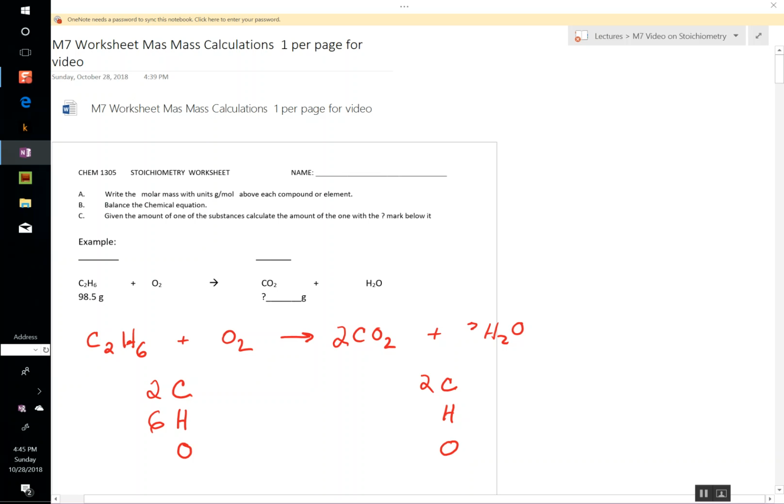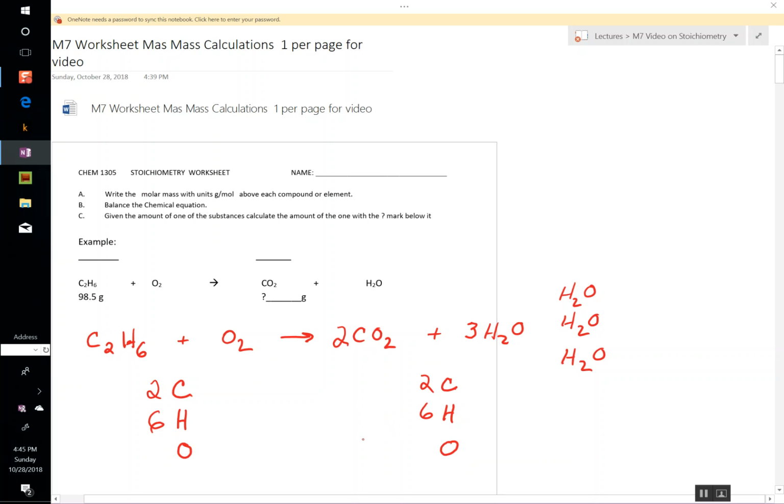I'm going to put a 3 in front of the H2O. 3 H2Os contain 6 hydrogens, or 3 times 2. We've got 6 hydrogens.